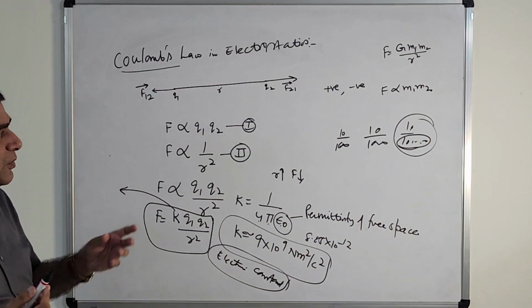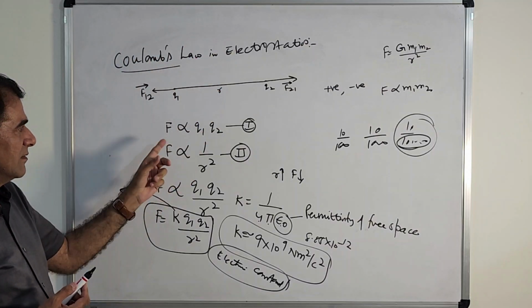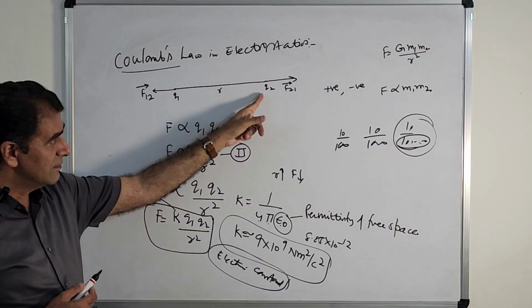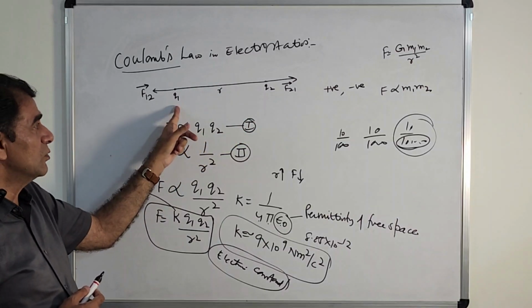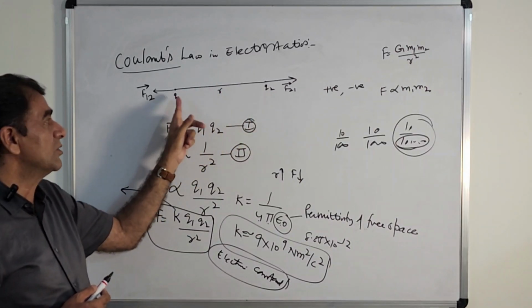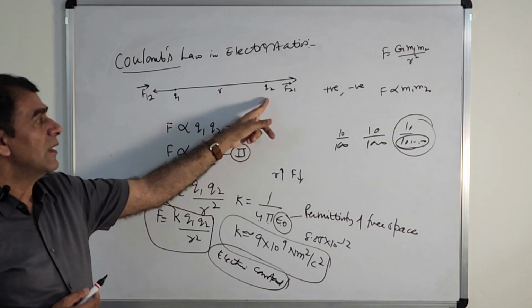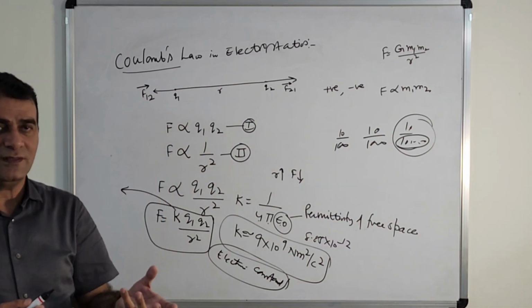So again, I'm repeating for you that according to Coulomb's law in electrostatics, the electrostatic force may be a force of attraction. When will it be a force of attraction? When these two charges are unlike, like positive and negative. Then it will be electrostatic force of attraction. And if they are the same, plus plus or minus minus, then there will be repulsion.